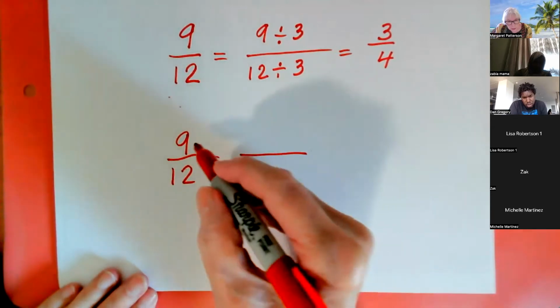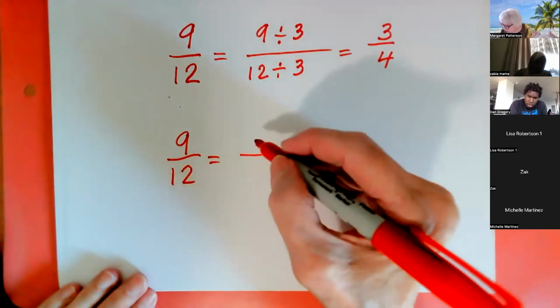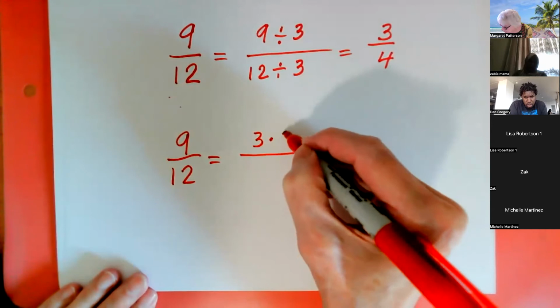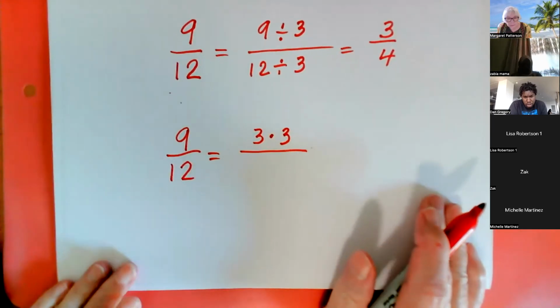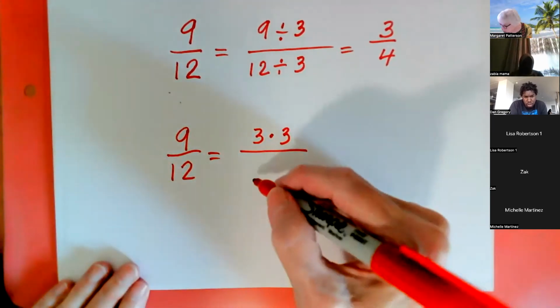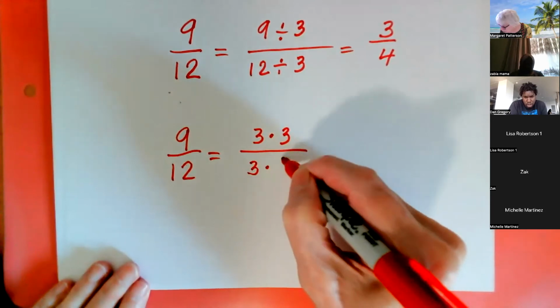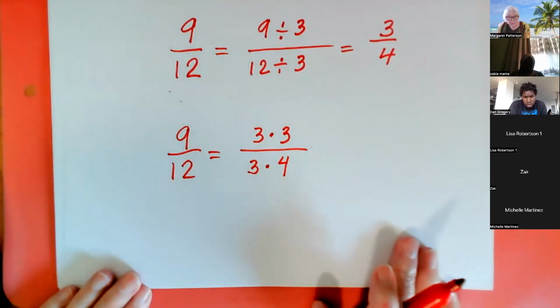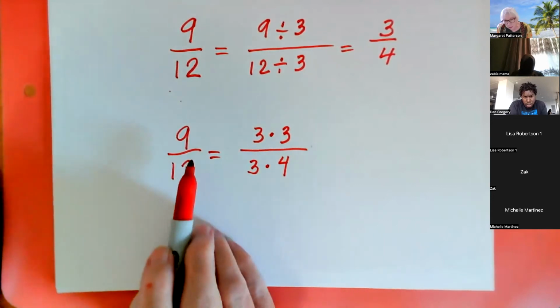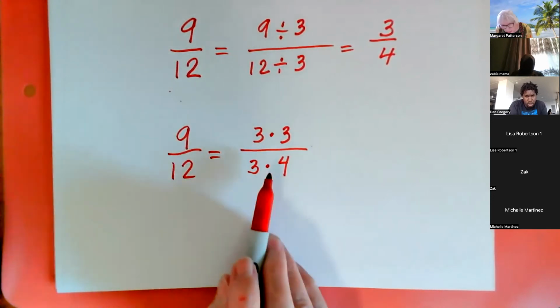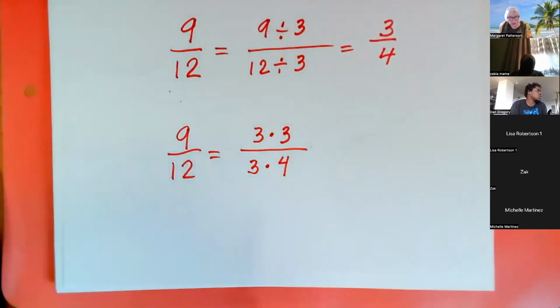suggest something else. This 9 is actually 3 times 3. And this 12 is actually 3 times 4. And so if you write it like this, you can double check, did I write the right answer? Yes, I did.